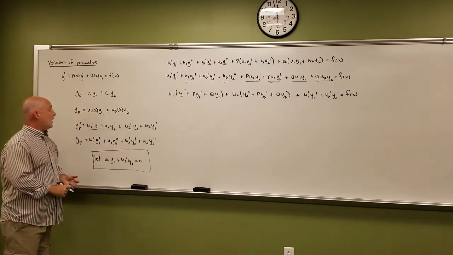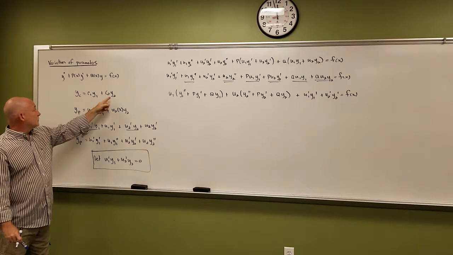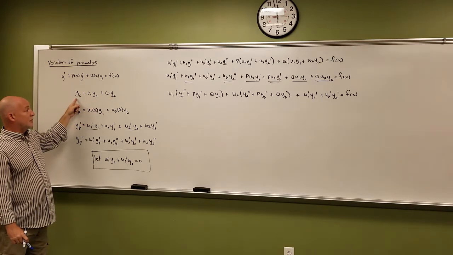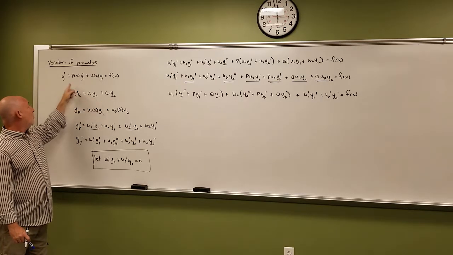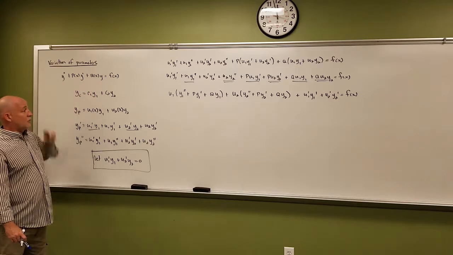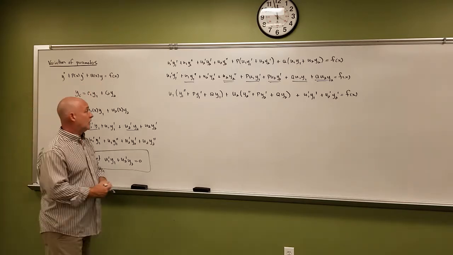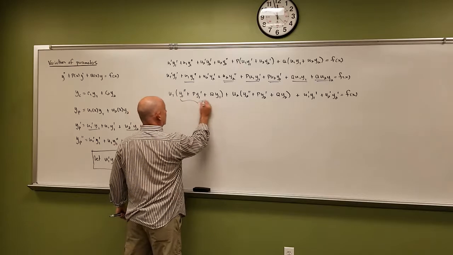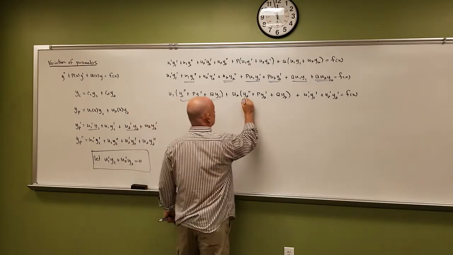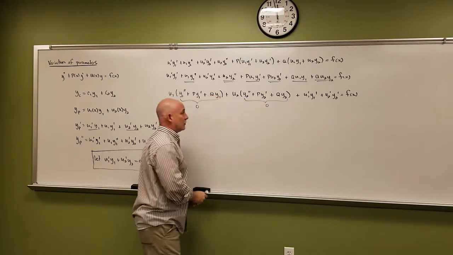Now remember what y1 and y2 are. Those are solutions to the complementary equation, which means if I plug y1 or y2 into this differential equation, it equals 0. Well, this is y1 plugged into that differential equation, and this is y2 plugged into that differential equation.